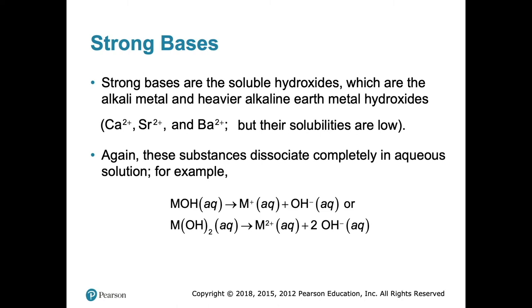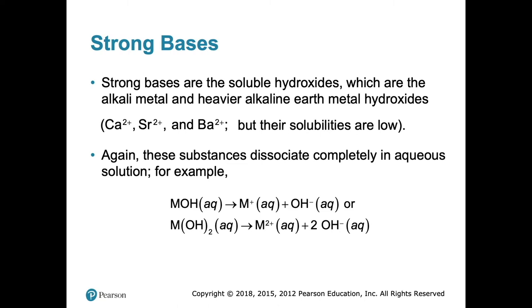For example, when we have some metal, say sodium with hydroxide, you get the metal ion and you also get the hydroxide ion. So when you have a strong base, it's the same thing as it is with a strong acid. If you have 2 molar sodium hydroxide, the hydroxide concentration will also be 2 molar, for strong bases.